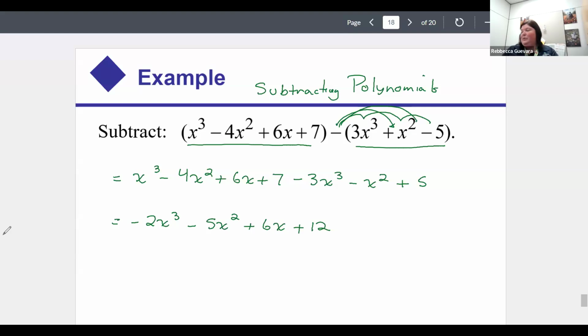So adding and subtracting polynomials is not very complicated. Like I said, it's just combining like terms. And with subtracting, you just have to be careful that you initially distribute that negative through the second polynomial. So it's an additive inverse. That's all we're trying to do there.